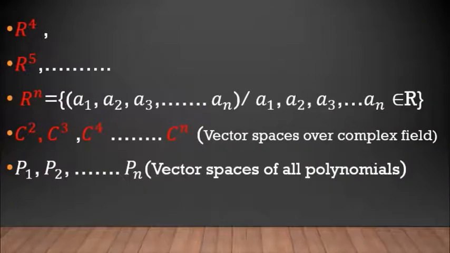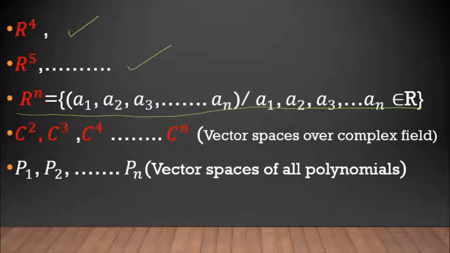In the same way, the vector spaces R4, which has all the 4-tuples, R5, which has all the 5-tuples, and Rn, which has all n-dimensional vectors, form vector spaces. We cannot visualize them graphically beyond 3 dimensions, but the same definition and the same conditions applied for R2 and R3 can be extended to R4, R5 and so on to Rn to form vector spaces.